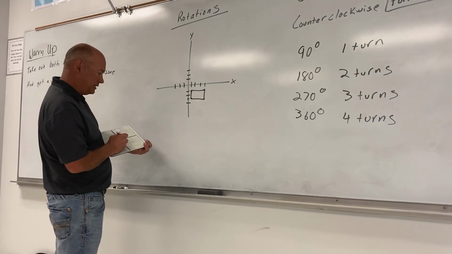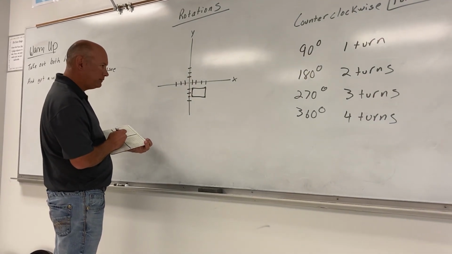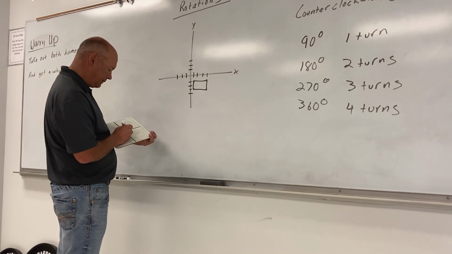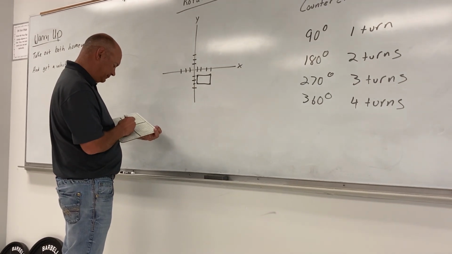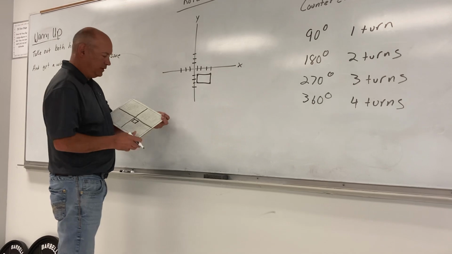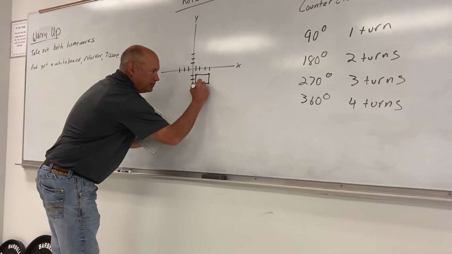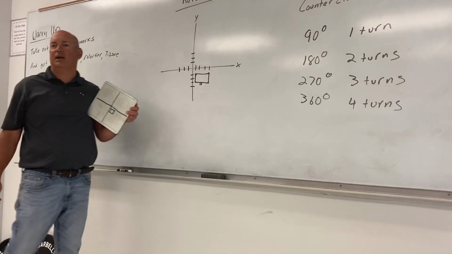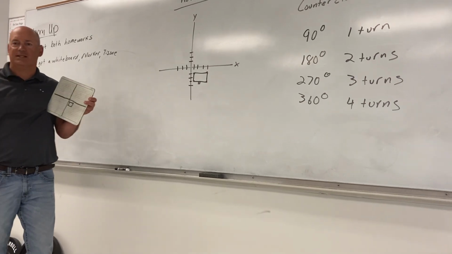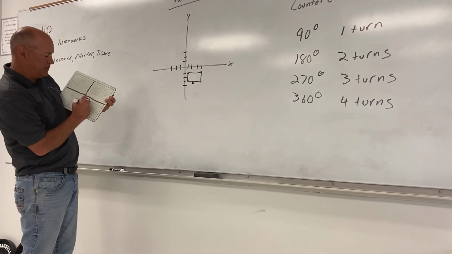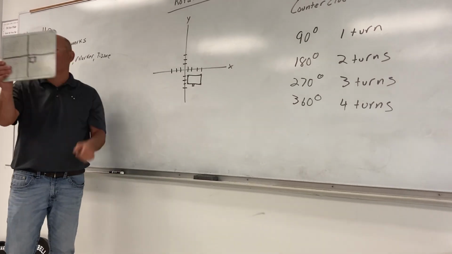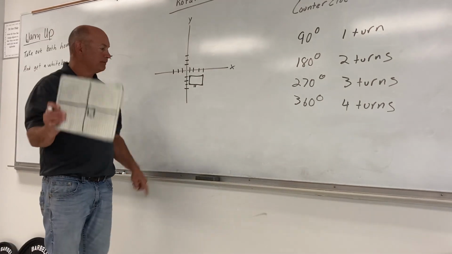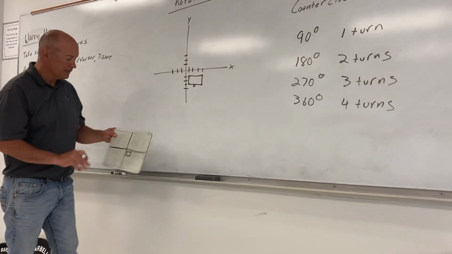And I'm going to put a little distinguishing mark on it. So your box should look like this. Let's put 2 little marks on the bottom of that box, because I want to see which way the box turns. Yours should look just like mine.